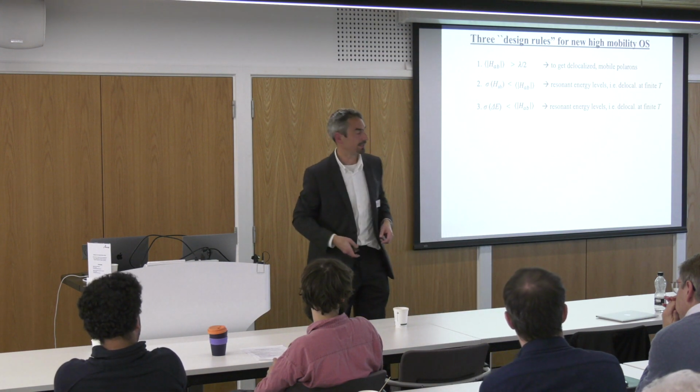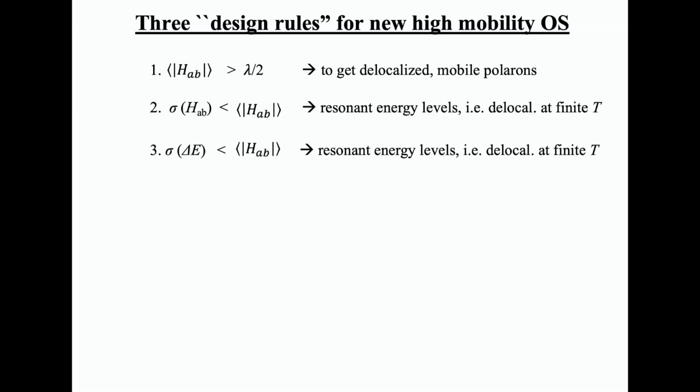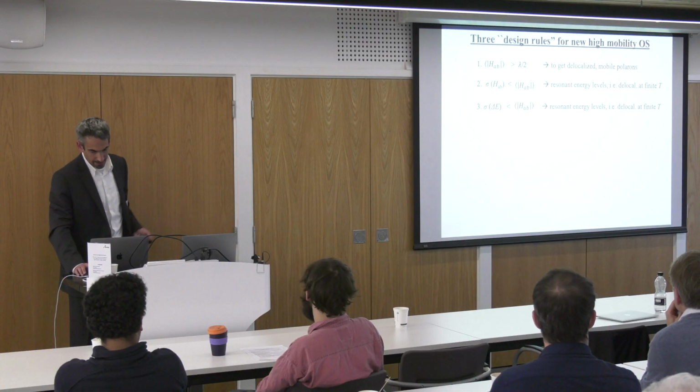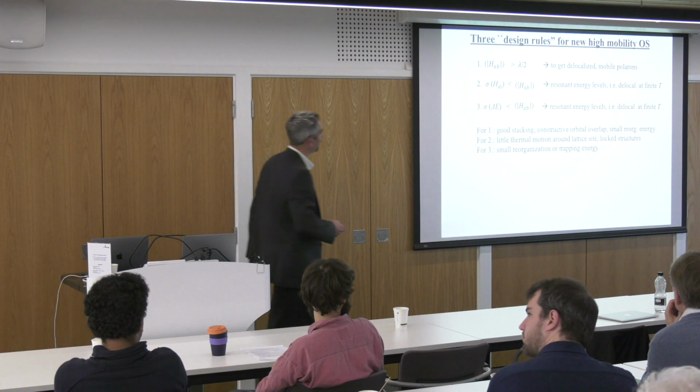Obviously, then you get what I call resonance. And this is something that people don't talk much about, but there is also the site energy fluctuation. That should also be very small. These things would guarantee that you have high mobilities.